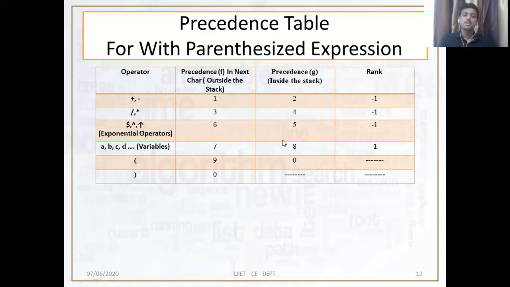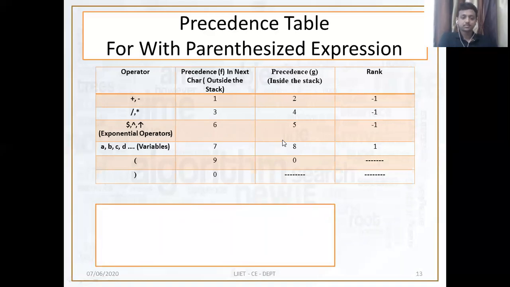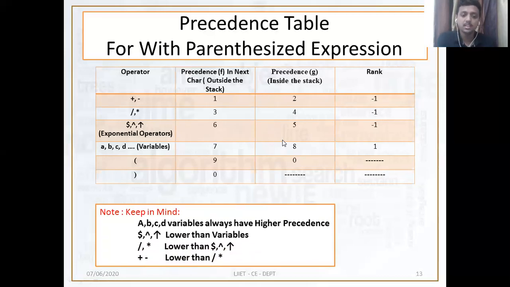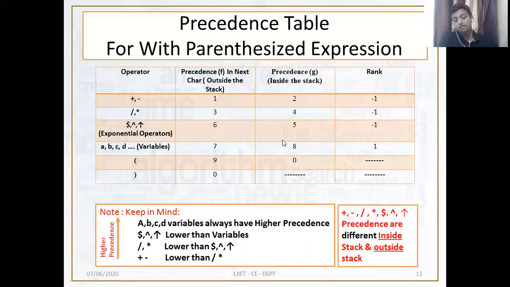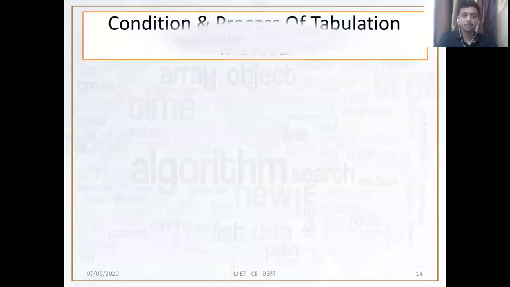Please keep in mind that once you go higher from plus minus to ABCD, the precedence becomes higher. Here, plus minus, division star, dollar arrow caret, all symbols' precedence are different inside the stack and outside the stack.